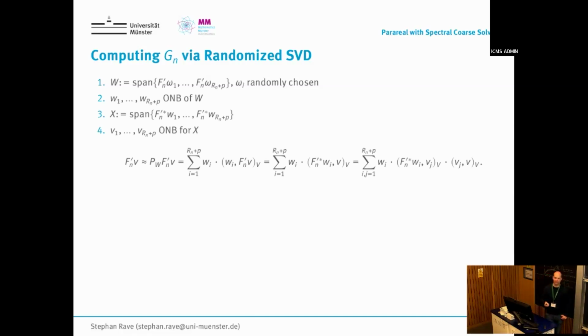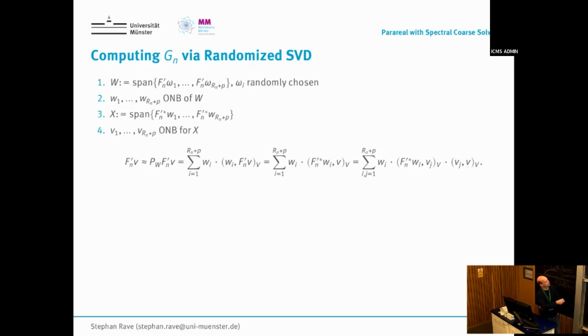And now the idea is that I approximate my operator by taking the operator and projecting onto this approximate range W. And then there is stochastics telling you that this will actually be a good approximation for the range of the operator, depending on the singular value decay of the operator.